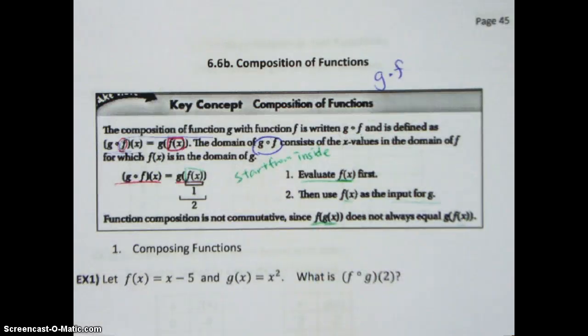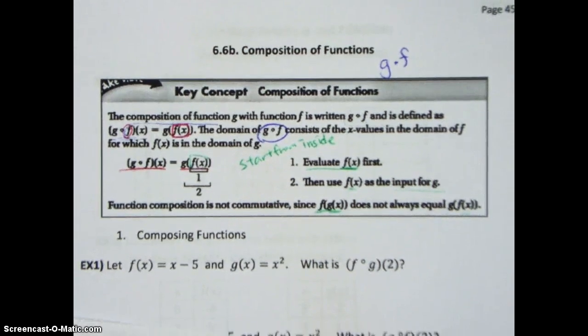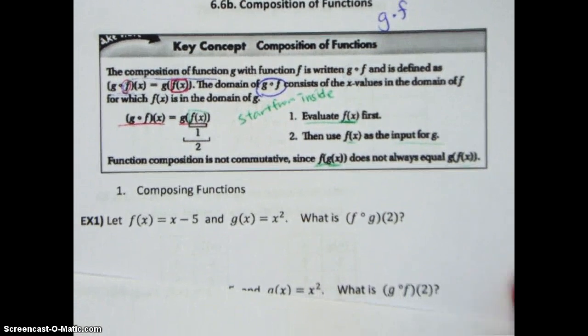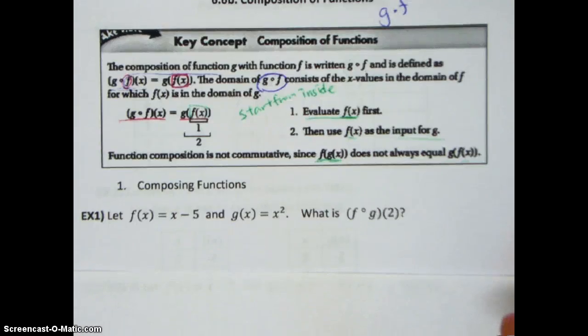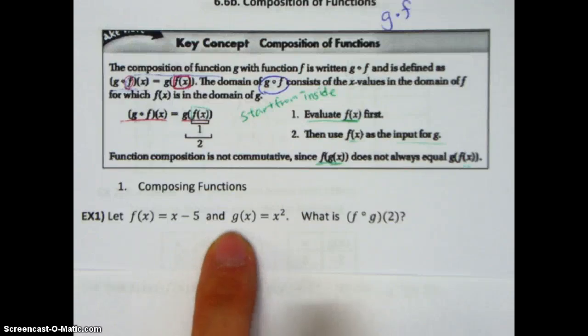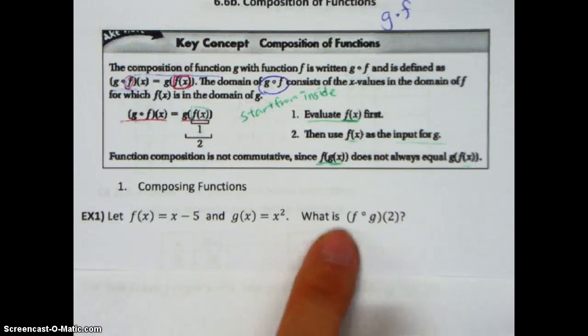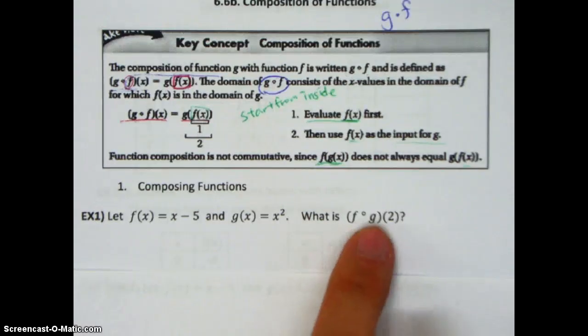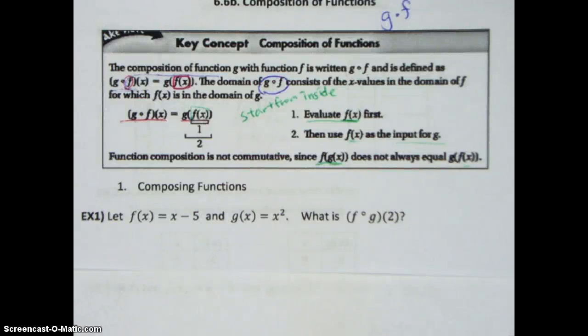So I think just by looking at some examples, maybe you will get a better idea of what this means. This is one example: F of X equals X minus 5, G of X equals X squared. What is the composition G circle F of 2?